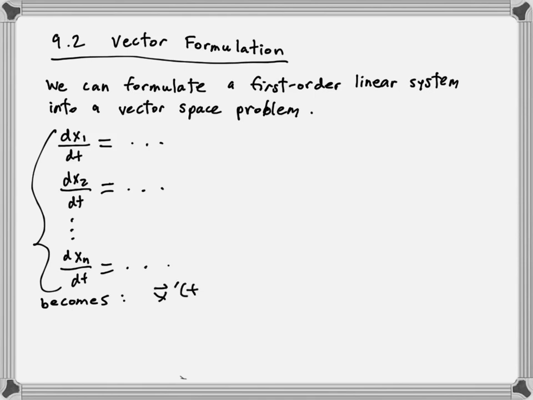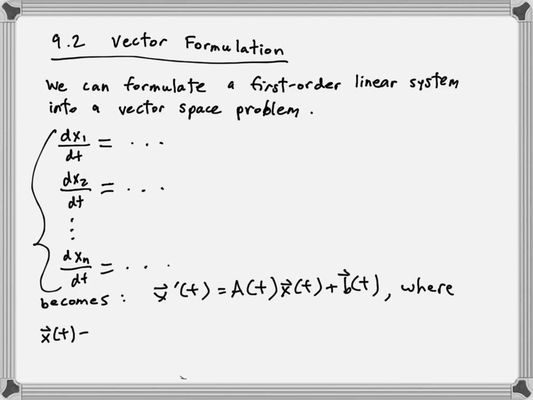x prime of t is equal to A of t x of t plus b of t. Where? So what are all of these things? So x of t is just going to be the column vector of functions.